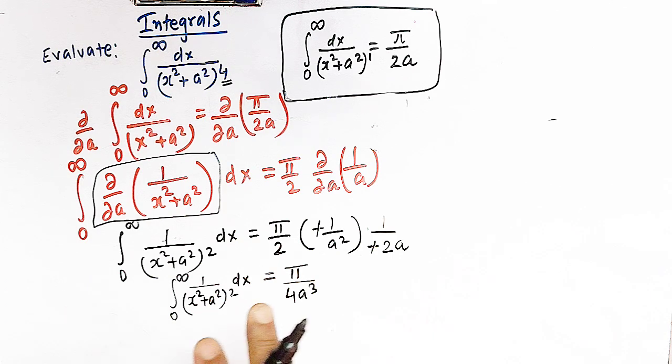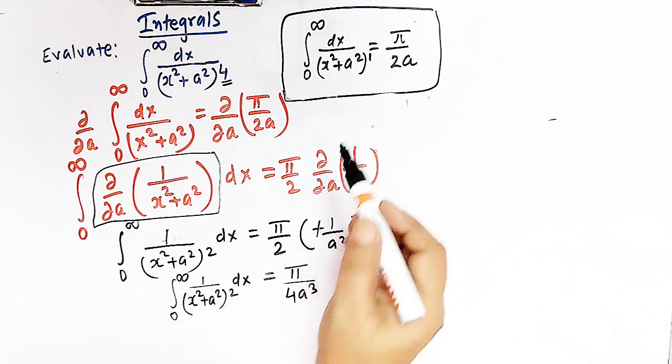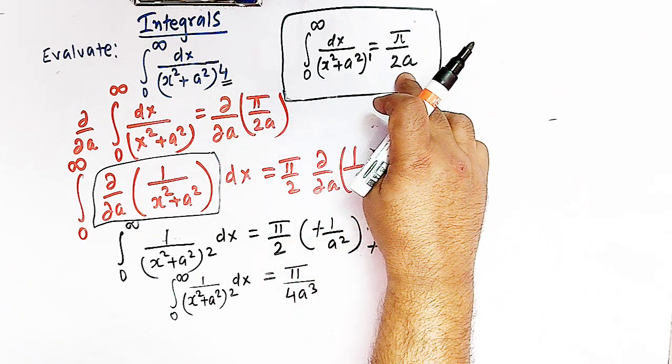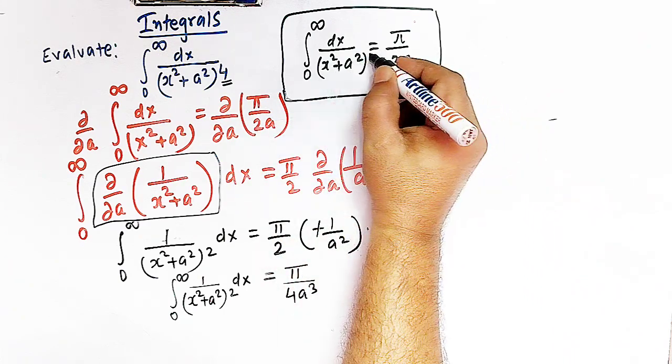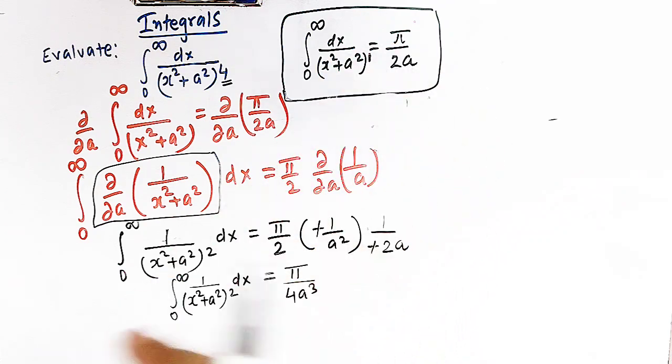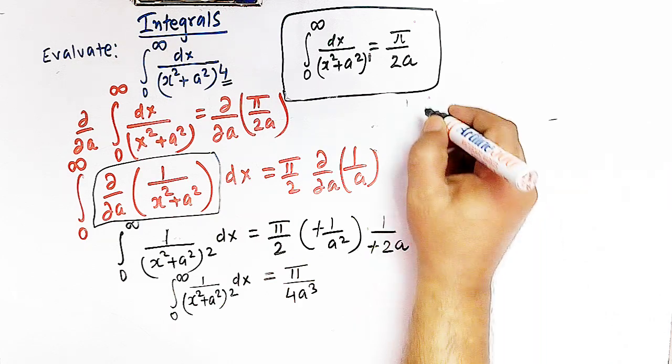And we can conclude that when we have differentiated both sides with respect to a, then here the exponent, that is 1, is increased by 1. That is, here we have now the exponent as 2, right? So now let us again differentiate both sides with respect to a, and again we'll follow the same steps.